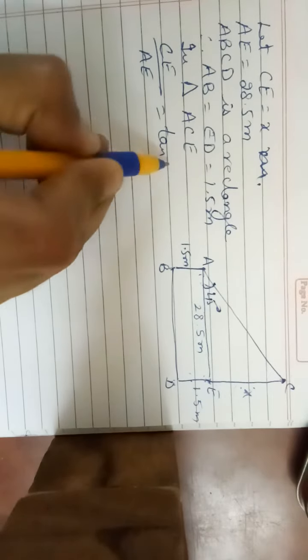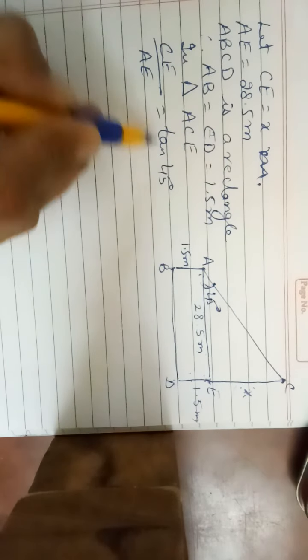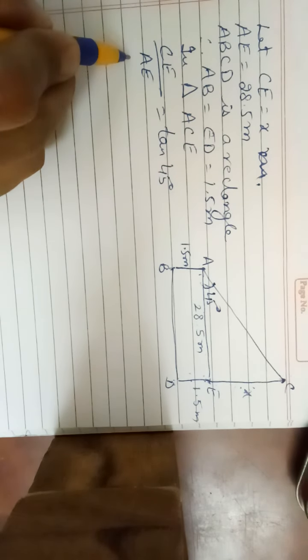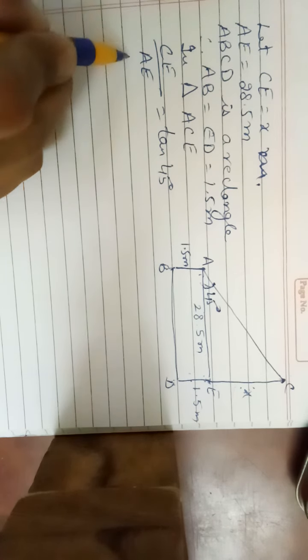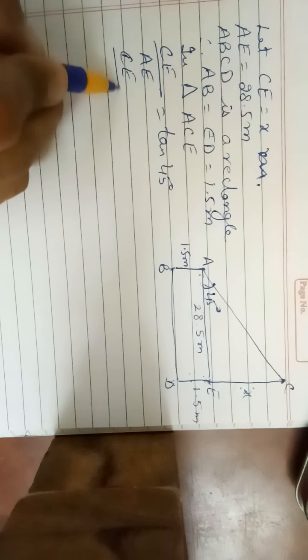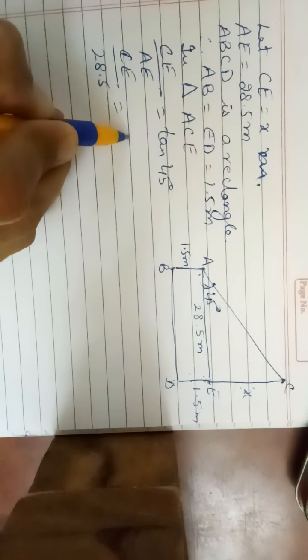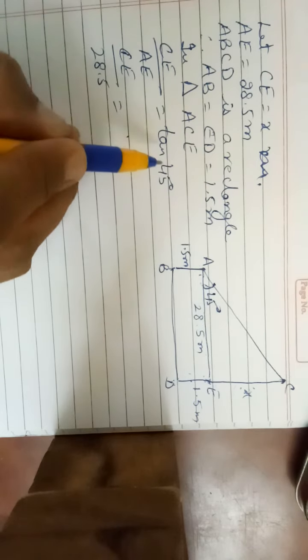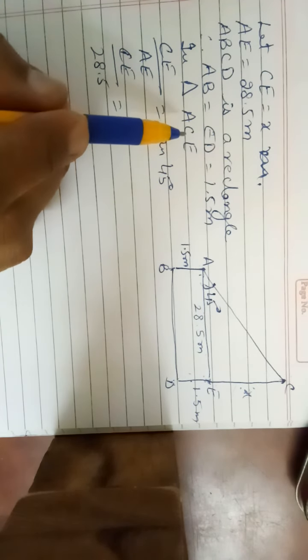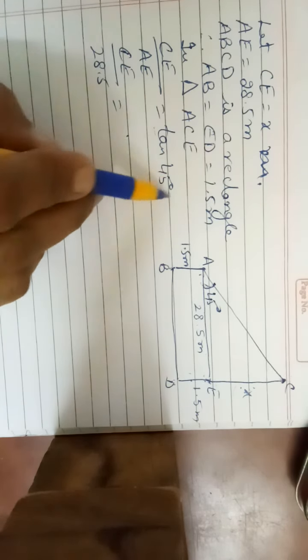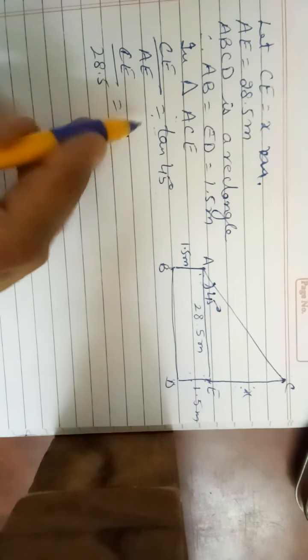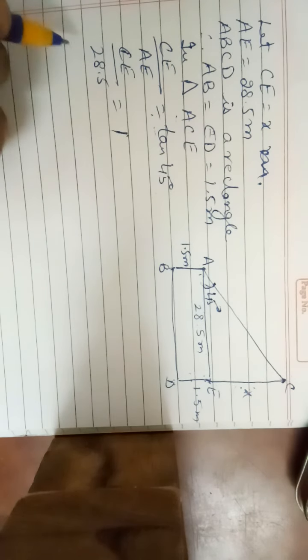Tan 45 degrees, and tan 45 degrees is equal to, according to the trigonometric ratios for particular angles in the table, tan 45 degrees is equal to 1.